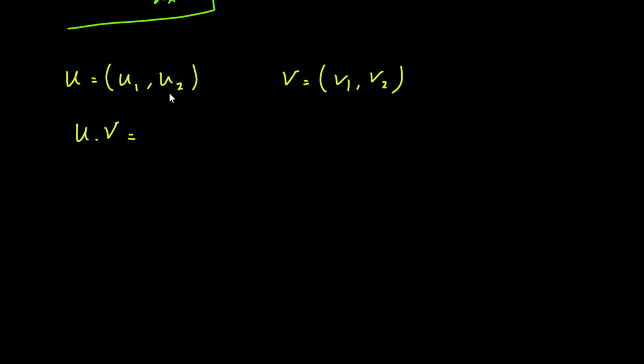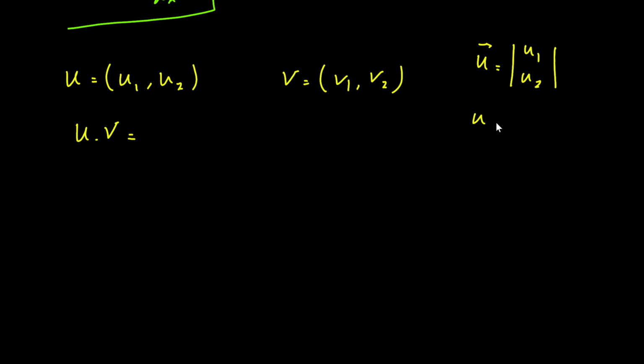One other note here, there are different ways of writing down a vector. This is one notation that we use: parentheses with the components, the x, the y, and if it is three-dimensional, the z component. The other form I could use is to write vector u as u1, u2 in a matrix form.